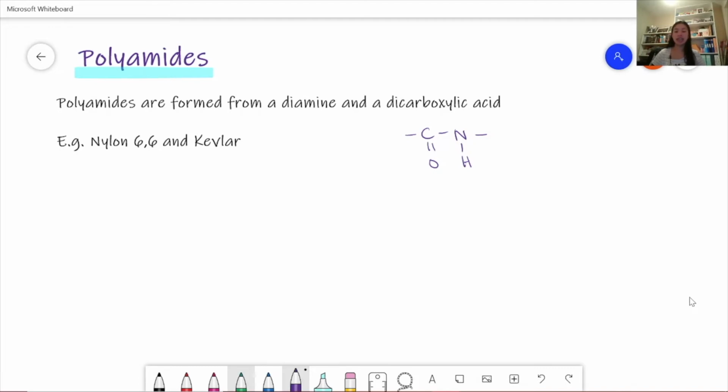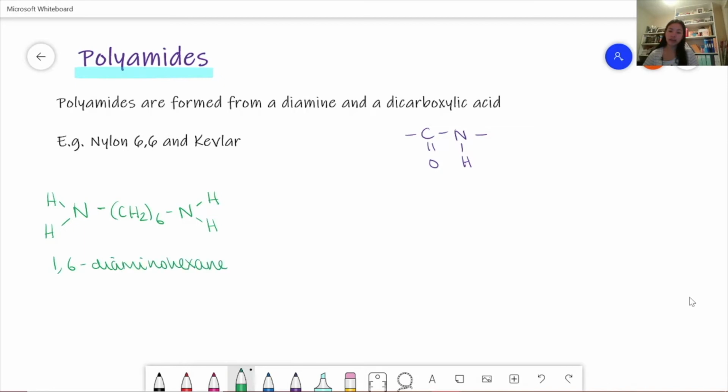So nylon 6,6 is made out of 1,6-diaminohexane and hexane 1,6-dicarboxylic acid. So we have NH2, CH2, and we have 6 of these, and then NH2. Diamine, diaminohexane.